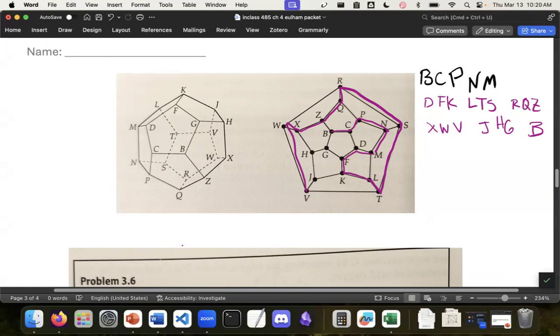And then, so we're at V, and then J, H, and G, and we're back to B. Right? So we're trying to go around the world. And there's multiple options here. So the book gives another option, but this path is not necessarily unique. We're just trying to find a way.